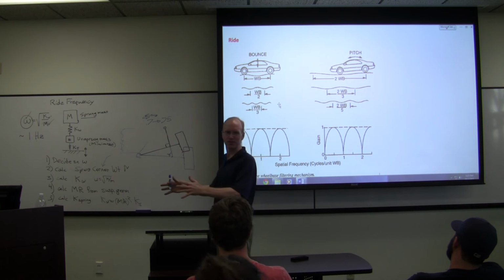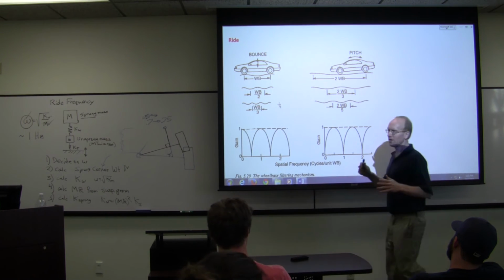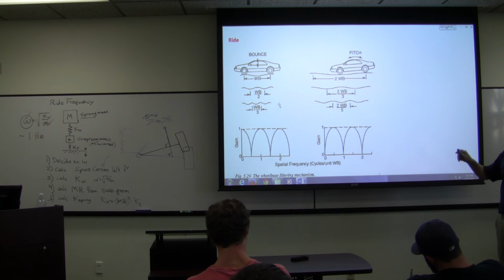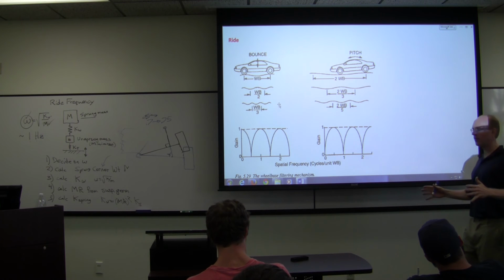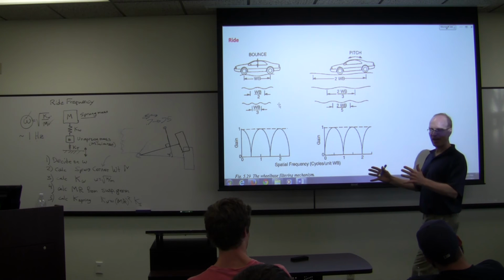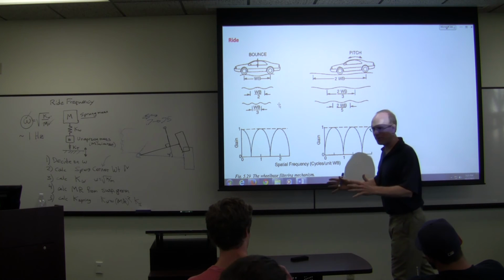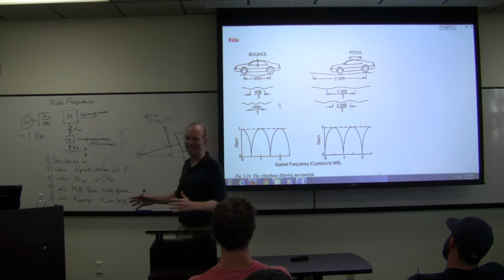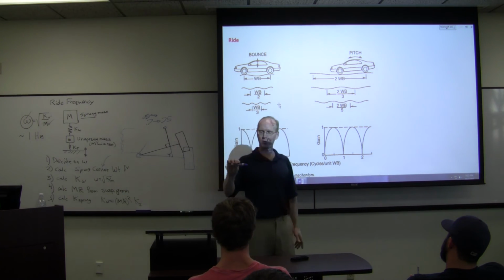But if you make the front frequency softer than the rear, so the front might be 0.9 hertz and the rear is 1.1 hertz, then the driver hits the bump, the front starts to rise, but it's slower. It doesn't rise as quickly. And then the rear hits the bump, and the whole car just kind of goes flat.